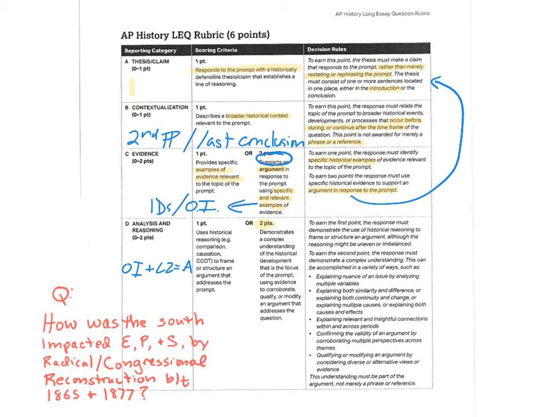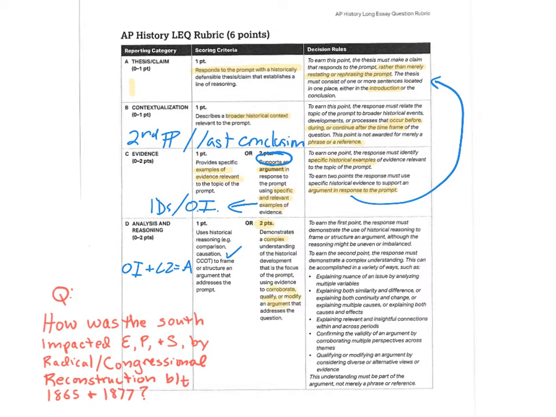So if you're using your theme or your skills, which are some examples here, comparison of two or more things, the causation of those things, then that's good enough. However, if you really want to demonstrate mastery, it's more of a complex understanding, and it's also going to corroborate, qualify, or modify the argument.